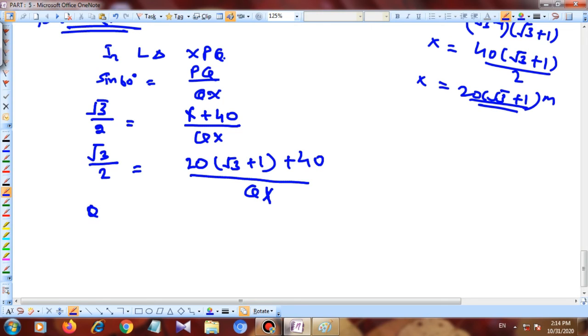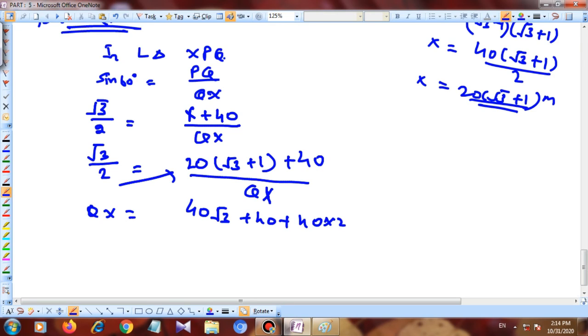So value of QX will be, cross multiply: 40 root 3 plus 40, and plus 40 into 2, right?